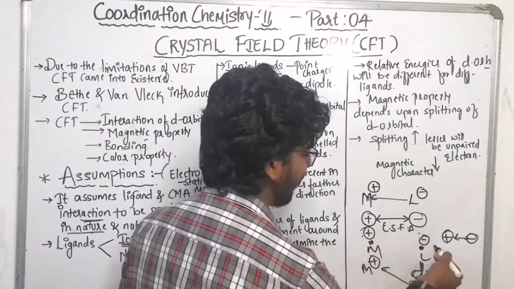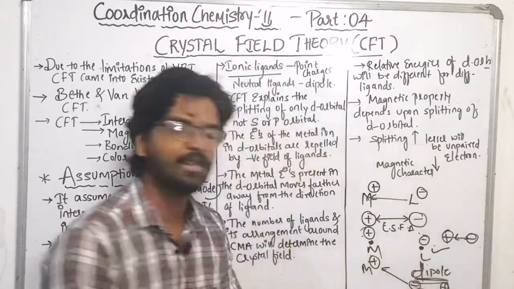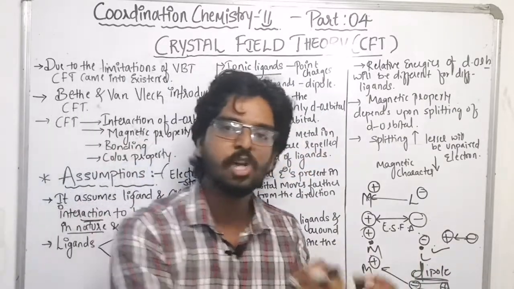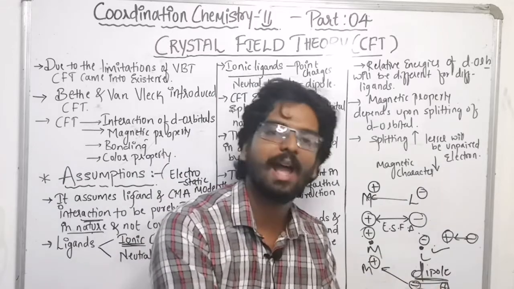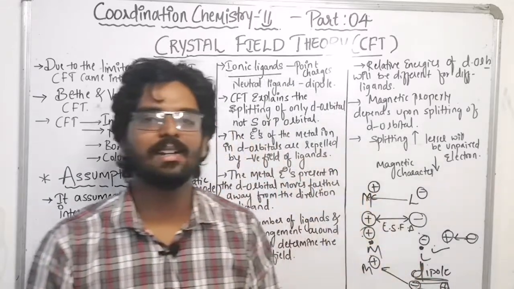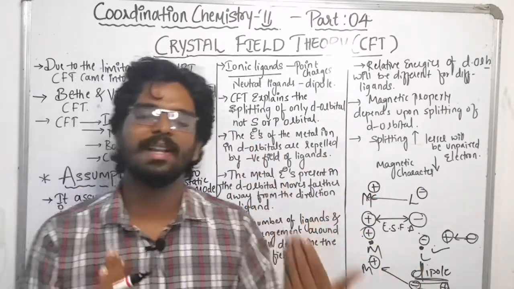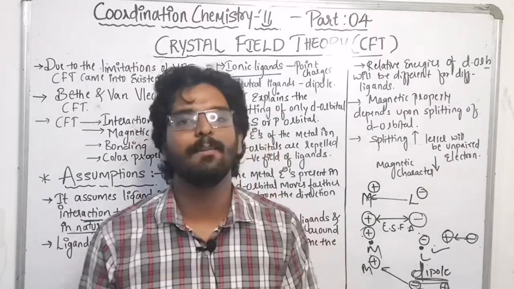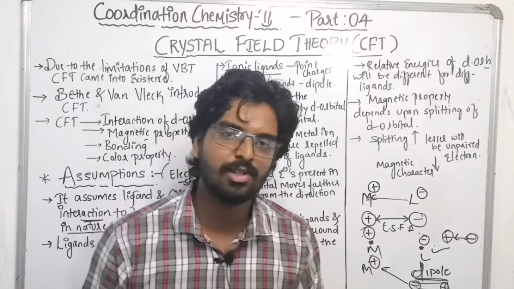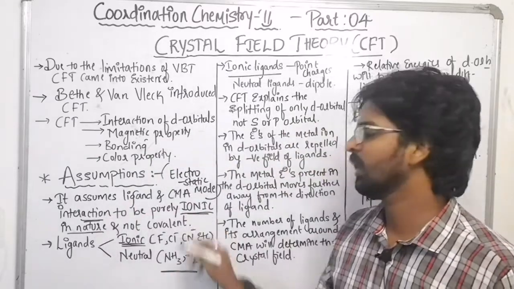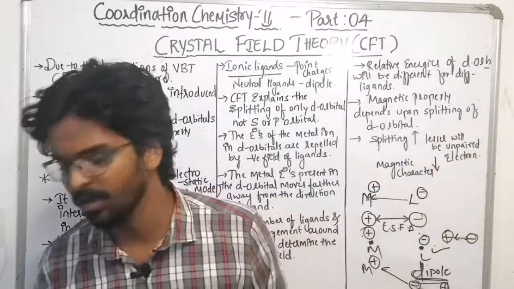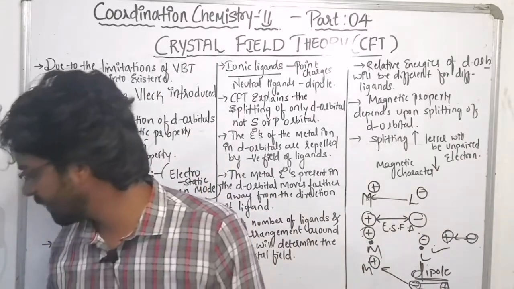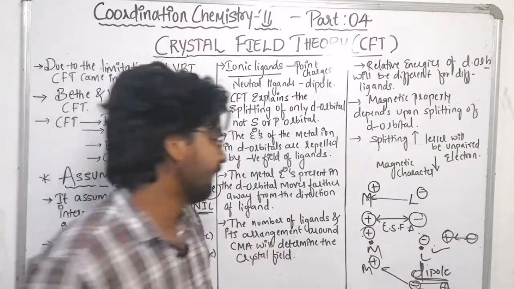Whether the ligand acts as a point charge or as a dipole, there is an interaction between the positive and negative terminals. One acts as a point charge, another acts as a dipole. In both cases, it is purely ionic in nature.